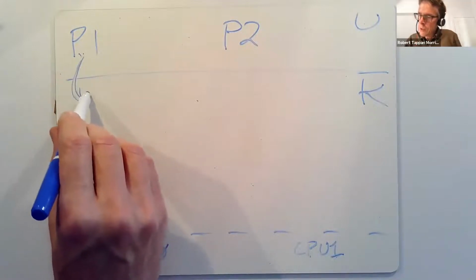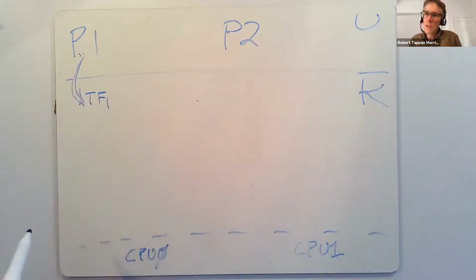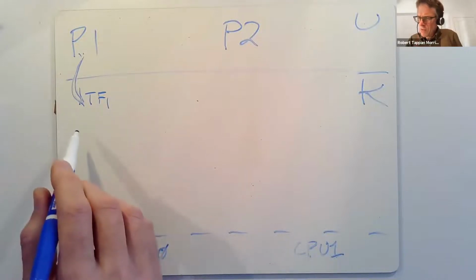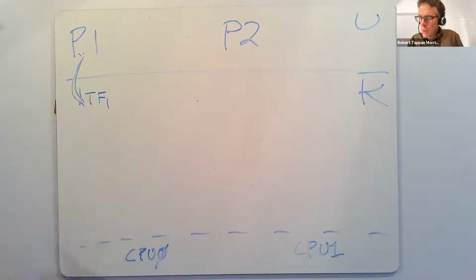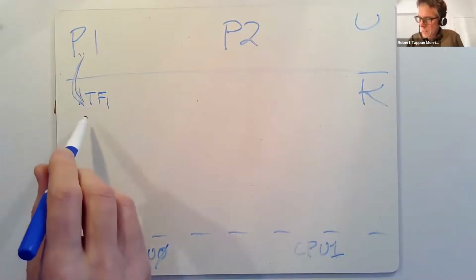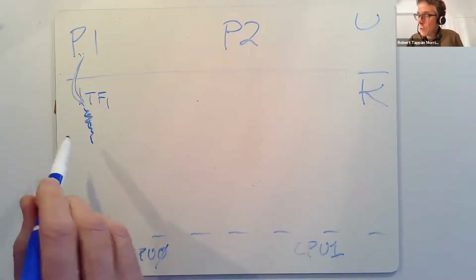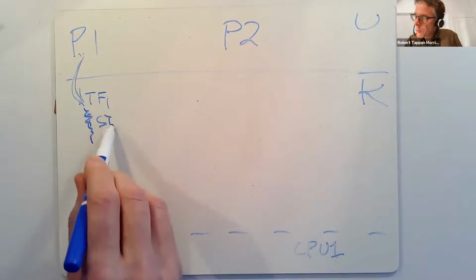The trampoline code saves the user registers in the trap frame for process 1, and then executes user trap, which figures out what to do with this trap or interrupt. System call, let's say. So for a little while we're executing ordinary kernel C code on the kernel stack of process 1.